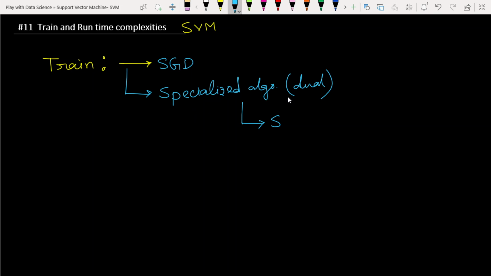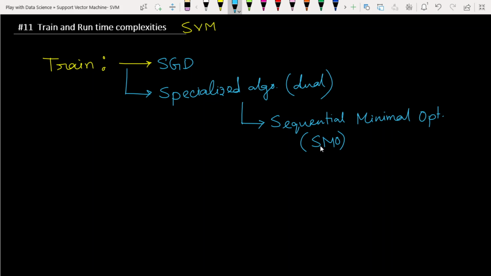In the specialized dual algorithm, after some modifications the mathematicians arrived at sequential minimal optimization, or in another language, the SMO algorithm.